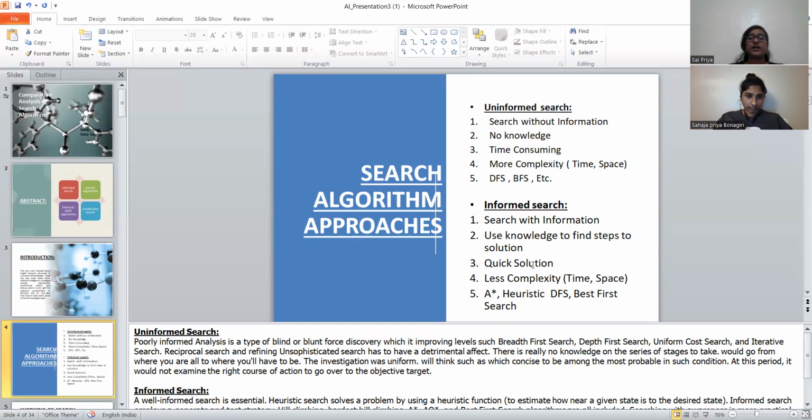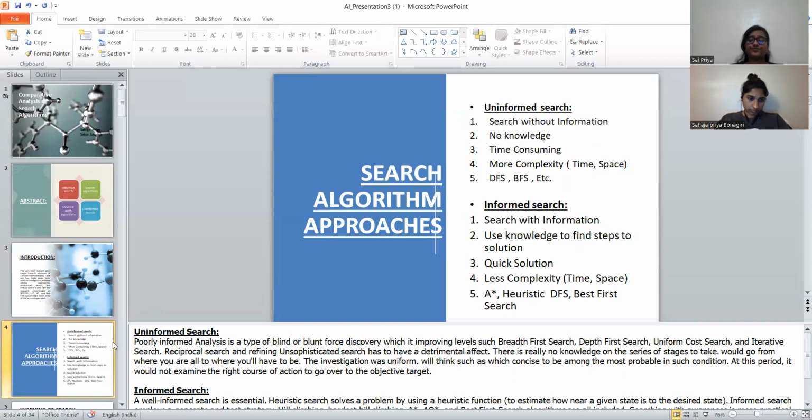Step by step it takes less time and has less complexity compared to uninformed search. Informed searches include heuristic DFS, that is depth first search, best first search and A star algorithms.